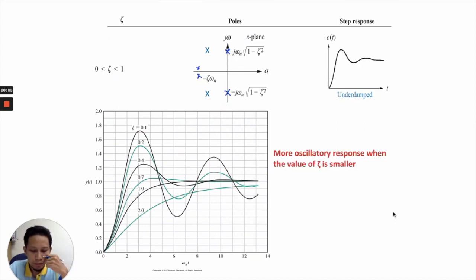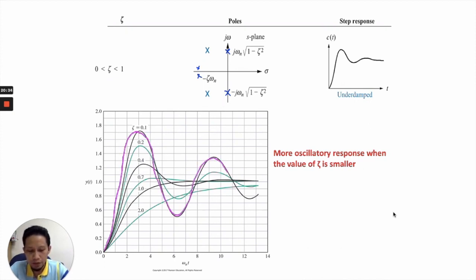You can see from the response, we have zeta that is close to 0, in this case zeta equals 0.1. So when it is close to the j omega axis, it will have a greater oscillation.